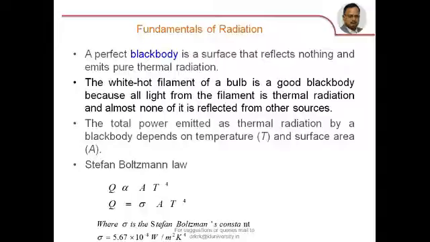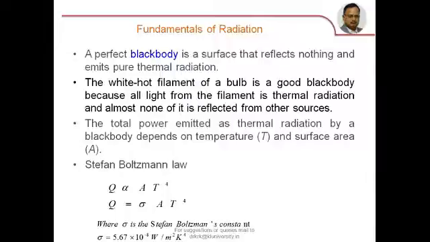As I said, radiation is a phenomenon which occurs by virtue of its temperature. It is not related to the temperature difference between one object and another object. It is the property of a single body itself by virtue of its temperature being greater than 0 Kelvin. We all know that at 0 Kelvin the molecular motion ceases.